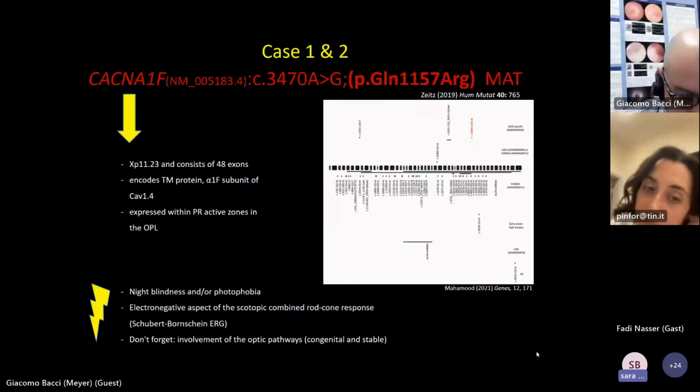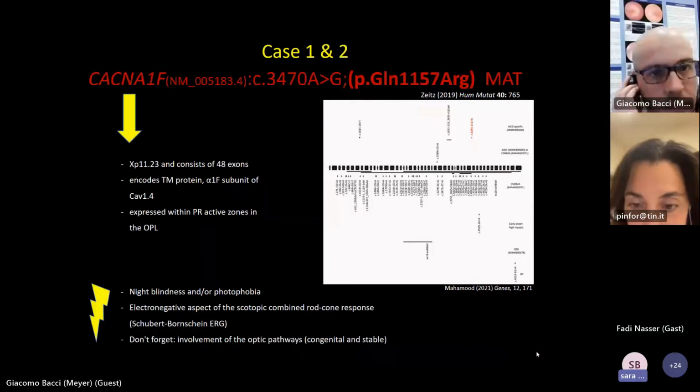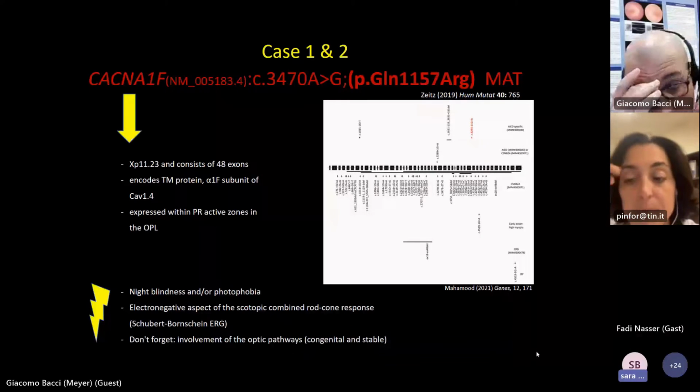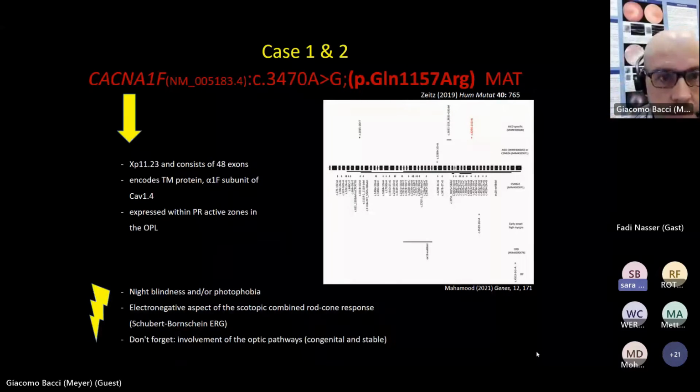Good evening to everyone. In these two boys, by whole exome sequencing, we found a missense mutation in CACNA1F that was subsequently described by Professor Zeitz in 2019. As you know, CACNA1F is located on chromosome X and is quite a large gene that encodes a transmembrane protein, a subunit of the calcium channel Cav1.4, expressed in the outer plexiform layer of the photoreceptors.